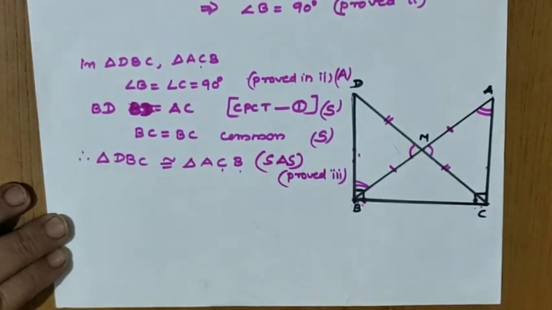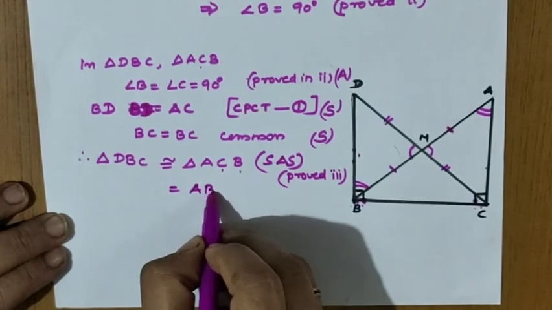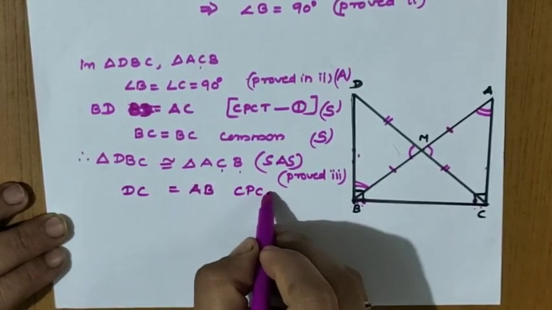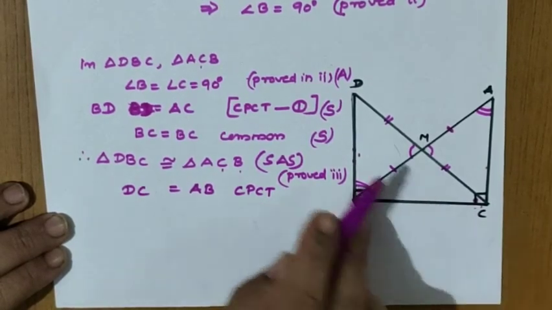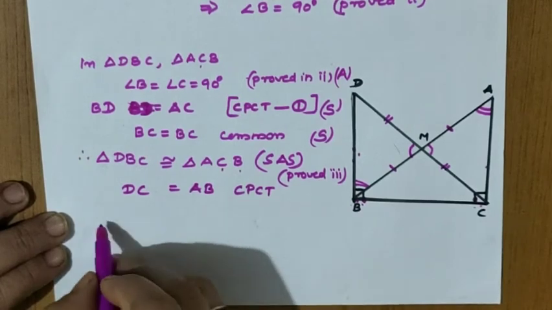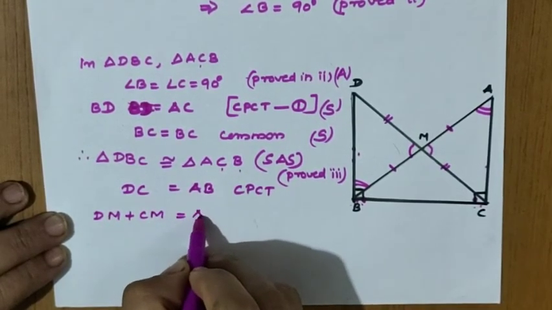Now what is the fourth criteria to be proved? CM equal to half AB. So I should write what is AB from this one. AB equal to DC. Again CPCT is the rule. So DC, see the figure, DC equal to DM plus CM, right? So I'll write here DM plus CM equal to AB.